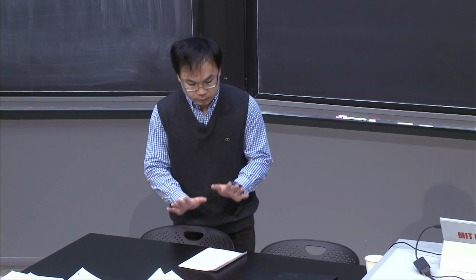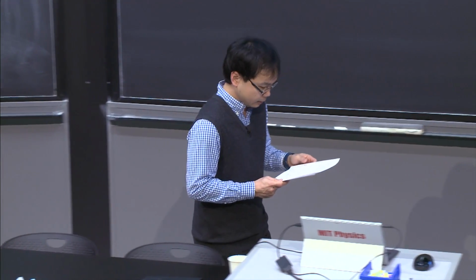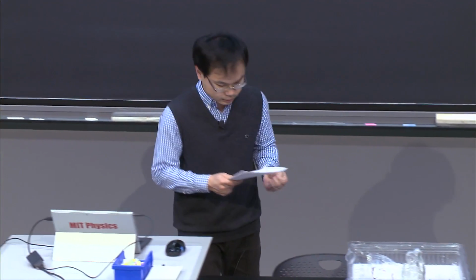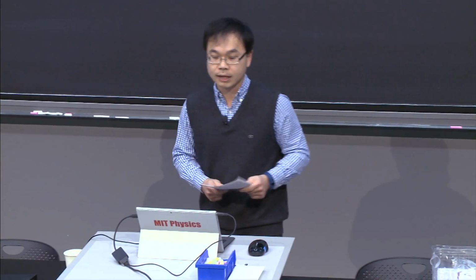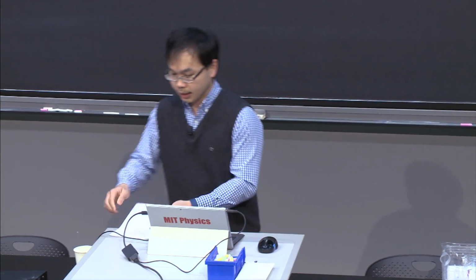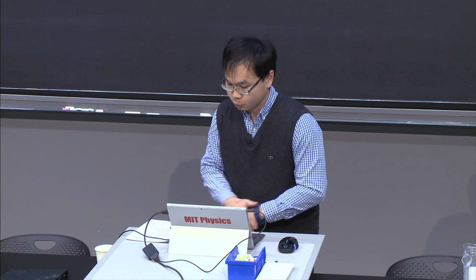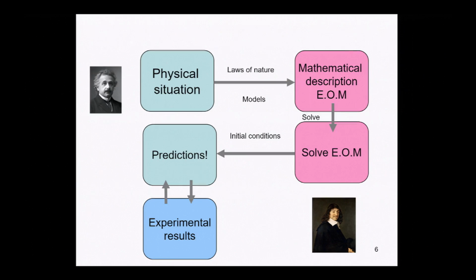But the problem we are facing now is that this is the only language we know which works. Therefore, we follow this recipe, which is similar to many other physics classes. We have a physical situation. We use laws of nature or models, and we have a mathematical description, which is the equation of motion.